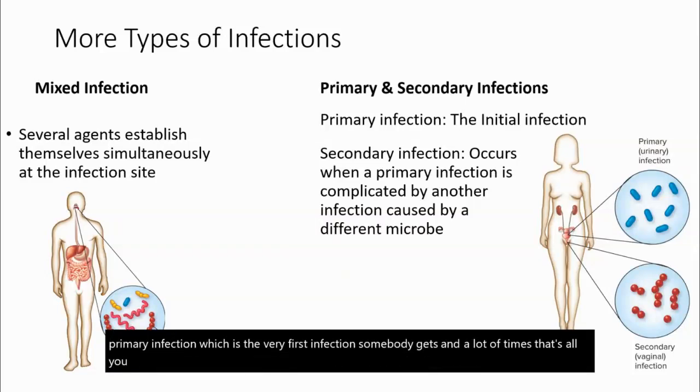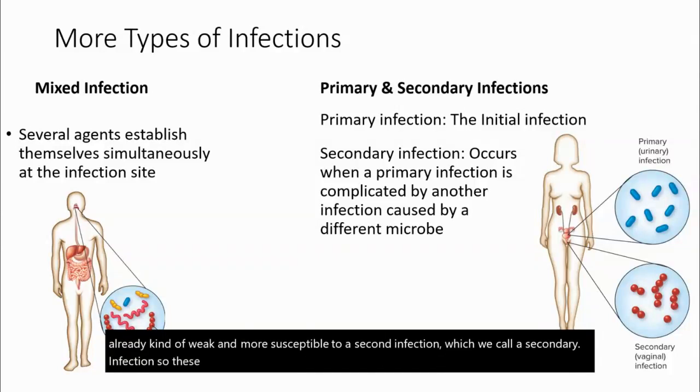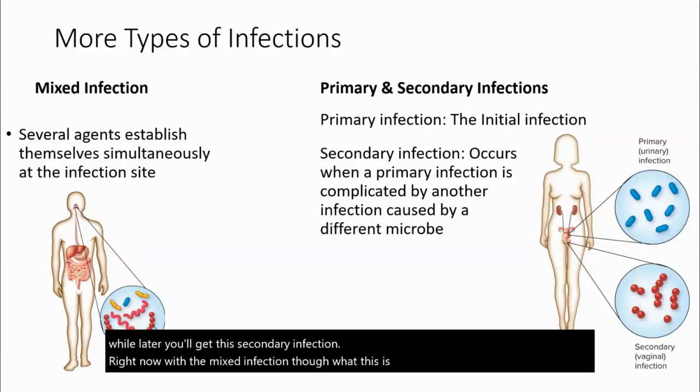But occasionally, because the body is busy fighting off that primary infection, you're already kind of weak and more susceptible to a second infection, which we call a secondary infection. So these are sequential. That means you get the primary infection first, and then a while later, you'll get the secondary infection.